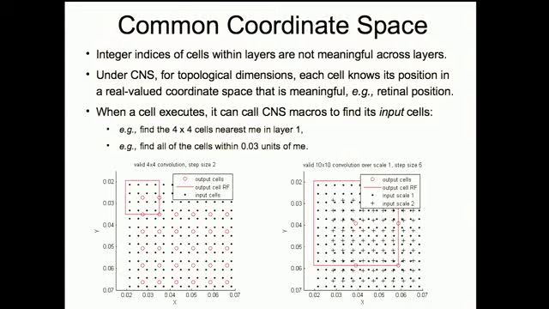So that could be all the cells that are nearest to me in a particular layer, layer 1, for example, or all the cells that are within some particular fraction of a unit or a unit in another layer.